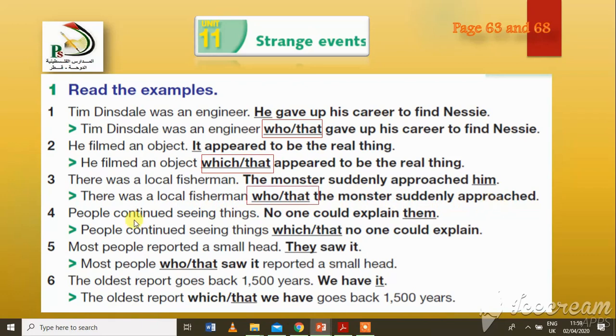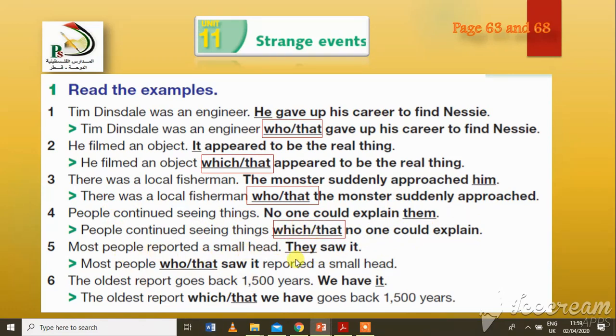Number 4. People continued seeing things. No one could explain them. People continued seeing things. We have to change them. Which or that no one could explain, because it is about things, not about people. Next one, most people reported a small head.